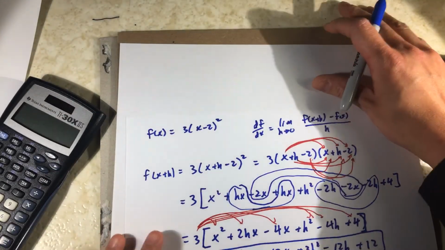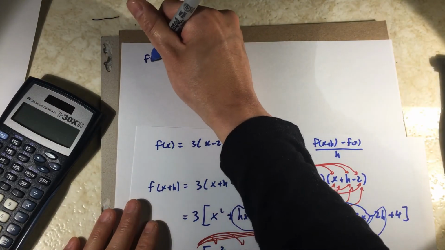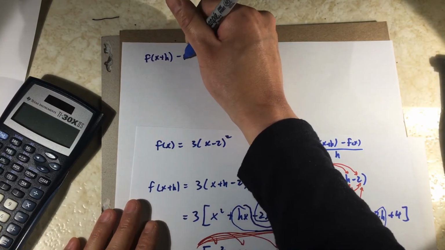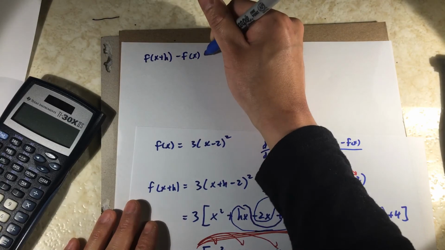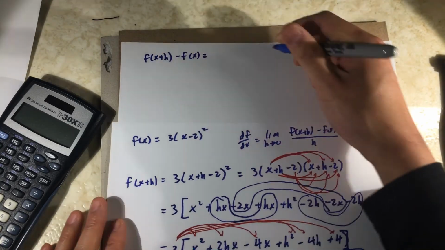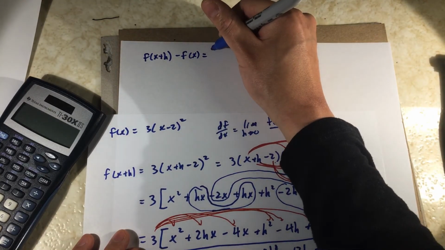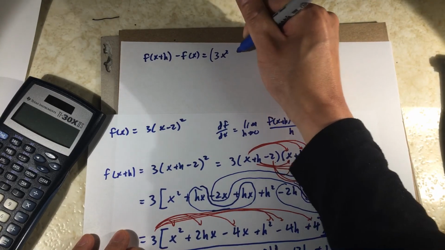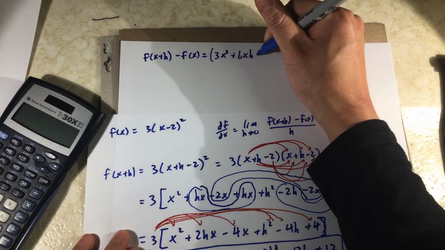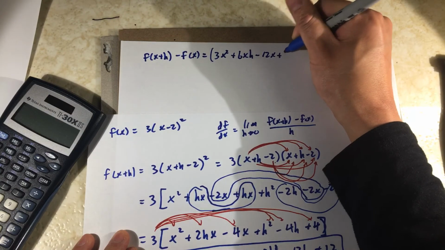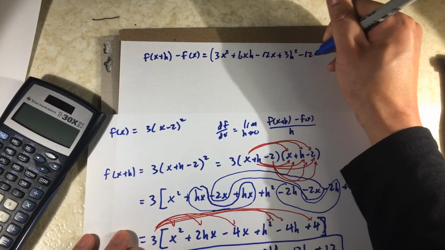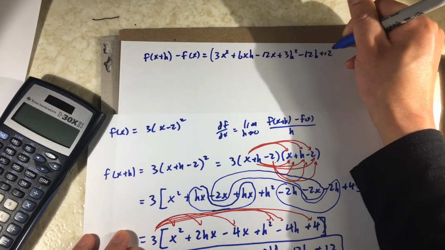So we're going to do the numerator of this. So f of x plus h minus f of x is equal to, it's a long expression. So this first one is 3x squared plus 6xh minus 12x plus 3h squared minus 12h plus 12.